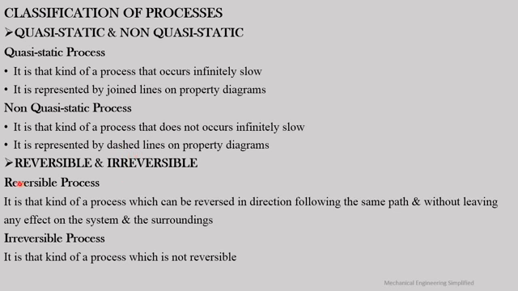Then we have another classification, reversible and irreversible. What is it? It is a kind of process which can be reversed in direction following the same path and without leaving any effect on the system and the surroundings. On observing this statement, you will find three conditions. What are those? Reversed in direction, following the same path, and without leaving any effect on the system and the surroundings.